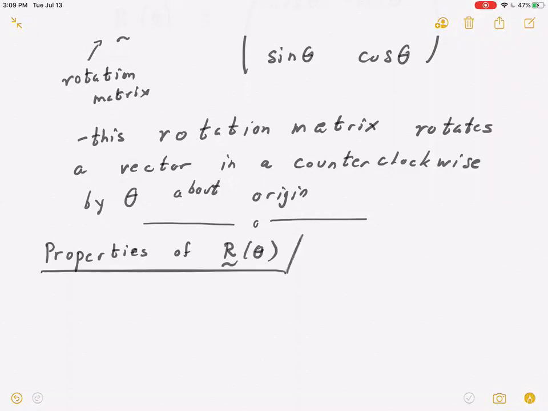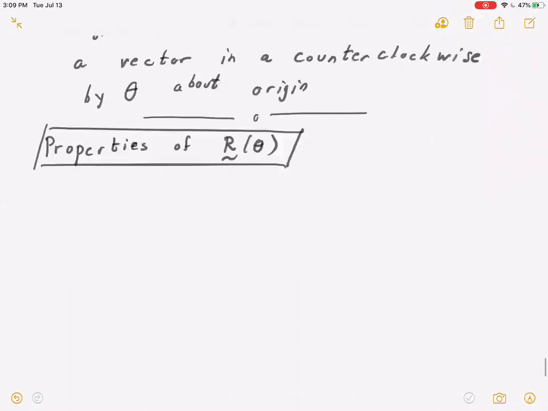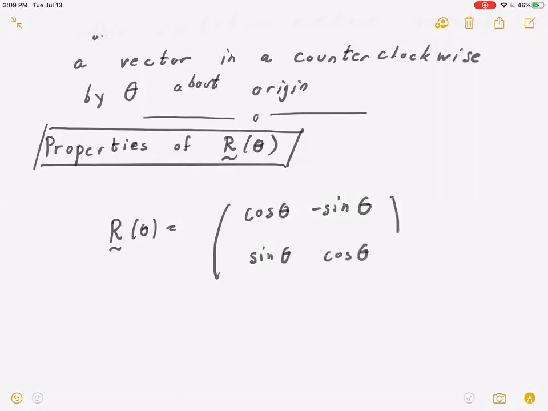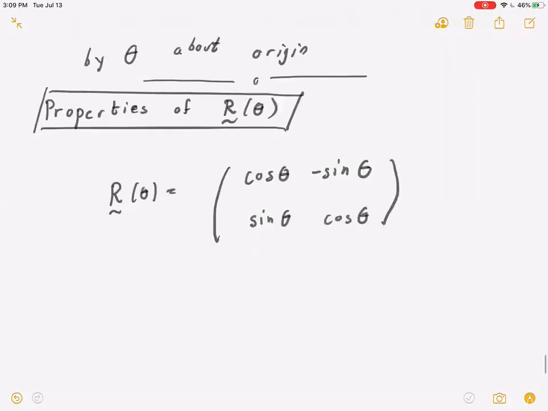But now let's stop for a minute and look into the inner heart of this matrix and see what it's doing. So again, the rotation matrix in 2 dimensions is the following. So we want to play with this matrix. It's a very special matrix. And we want to explore what it's telling us.